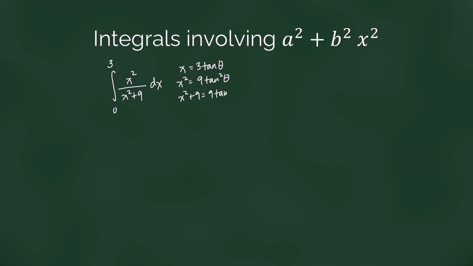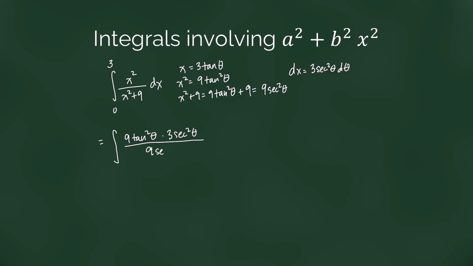So x squared plus 9 must be 9 times the tangent squared of theta plus 9, which we can rewrite as 9 times the secant squared of theta, using tangent squared of theta plus 1 equals secant squared. dx is going to be 3 secant squared theta d theta. So we have now the integral of 9 tangent squared theta times 3 secant squared theta, all over 9 secant squared theta d theta.